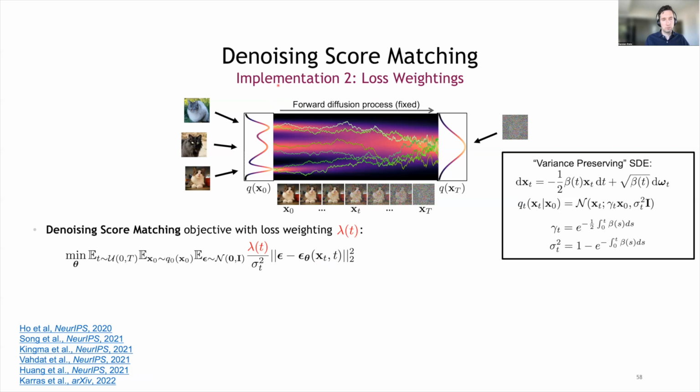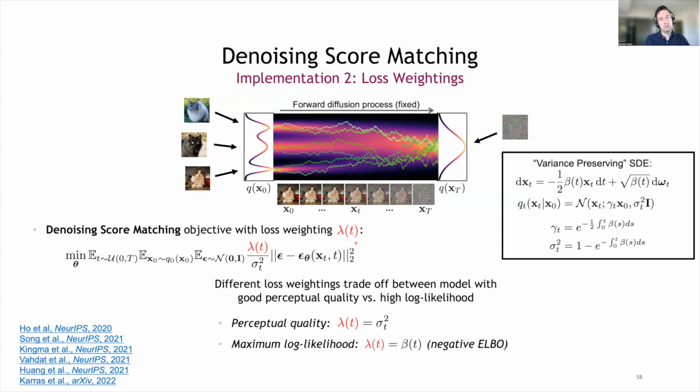It's the same neural network for all t's along the diffusion process. So maybe we want to specialize the network a little bit more for large times or small times along the diffusion process, and give different weights to this objective for different times. So we introduce this loss weighting lambda of t that does this.